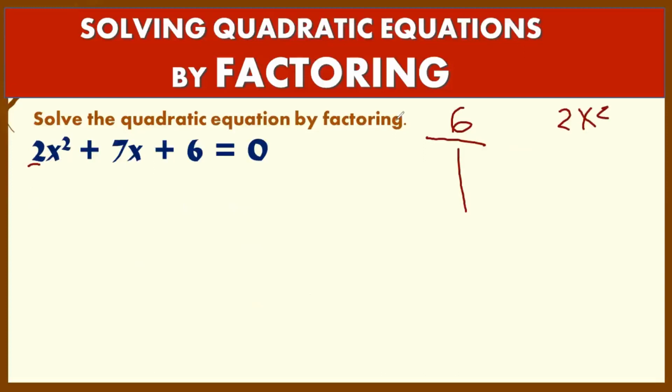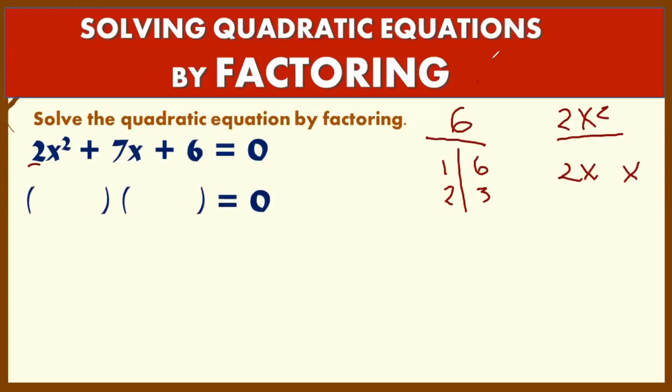Okay, so factors of 6 are 1 and 6 and 2 and 3. Here the factors for this 2x squared must be 2x only and another one must be x. So make two parentheses and try to figure out which among the factors we are going to consider.